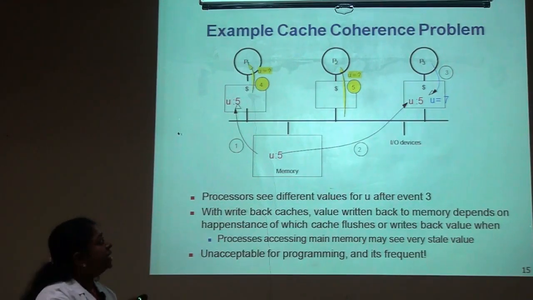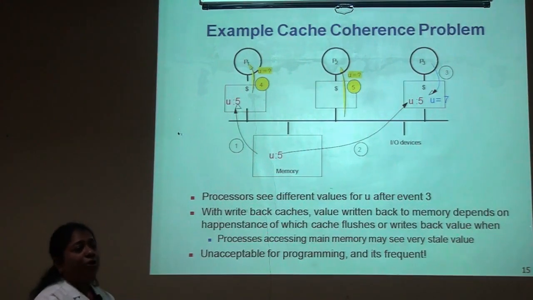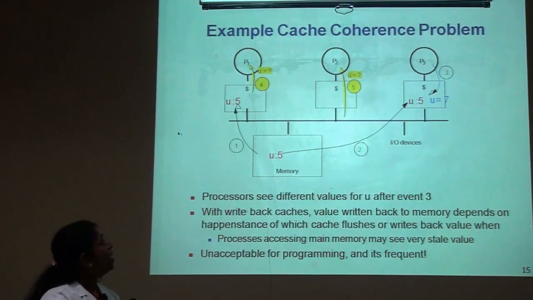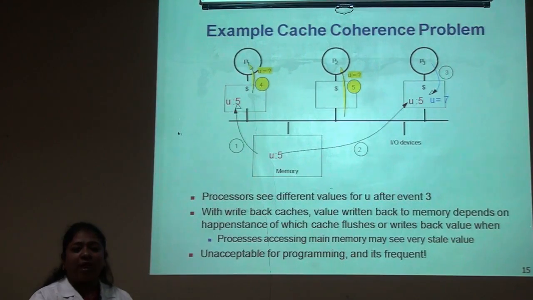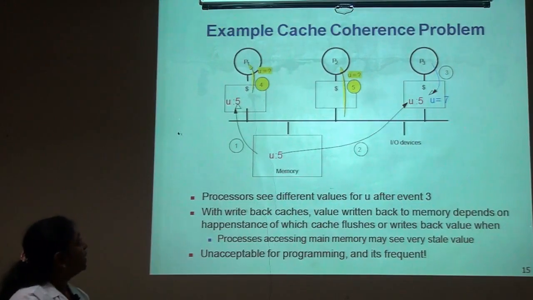P3 uses U equal to U plus 2. So what is the problem? P1 contains U value 4, P2 contains U value 5, and P3 contains U value 7. So every processor can have a different value for the same variable. That is the cache coherence problem.